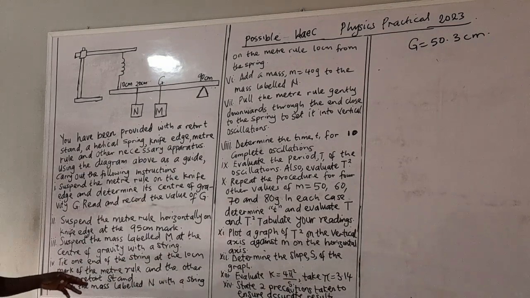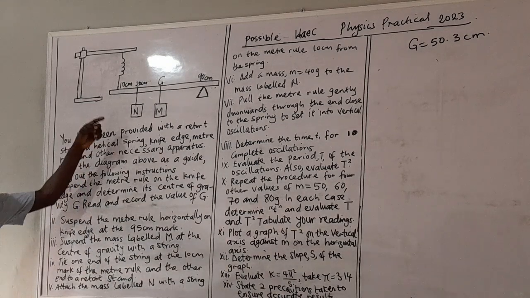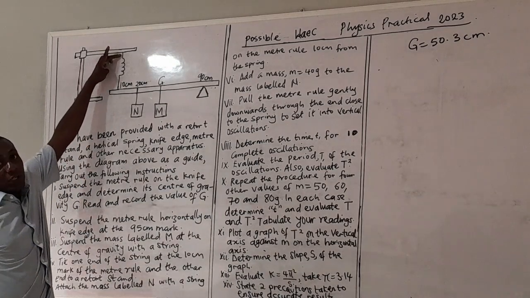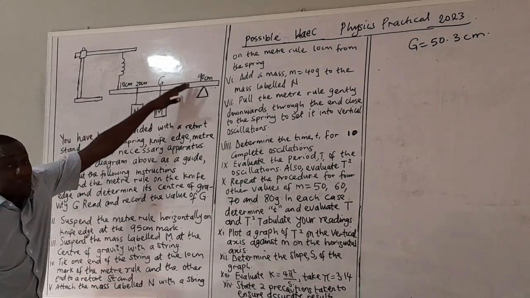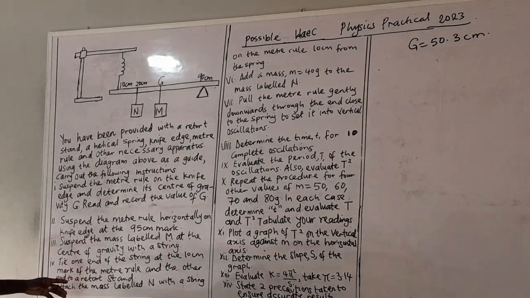We're going to tie it to the meter rule at the 10 cm mark, and the other end to a retort stand. So the other end of this spring will be tied or hung on the retort stand. So you can see the diagram here. It's self-explanatory.